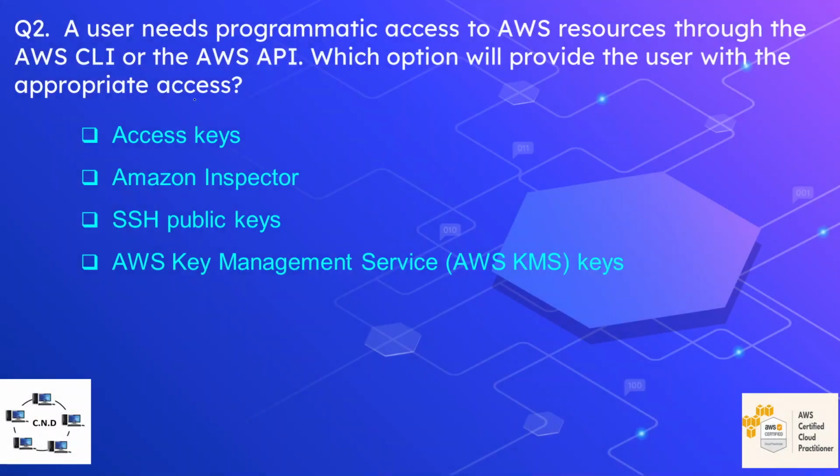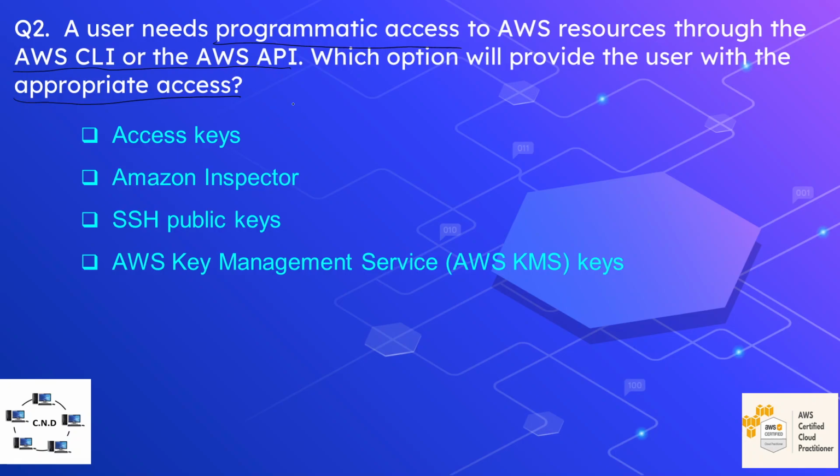Question number two is, a user needs programmatic access to AWS resources through the AWS CLI or the AWS API. Which option will provide the user with the appropriate access? So the user wants to access the Amazon resources through CLI or the API.